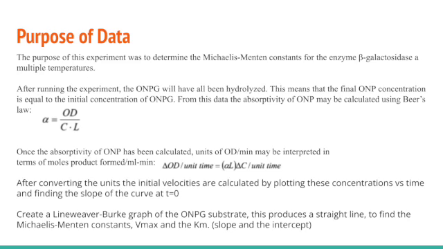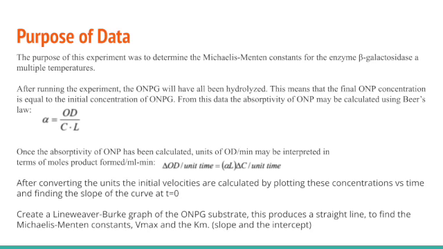And now moving on to our purpose of the data. The purpose of this is really to determine the Michaelis-Menten constants for the enzyme beta-galactosidase at multiple temperatures. And after running it, you should realize that all the ONPG has been hydrolyzed. And this basically just means that the final ONP concentration should be equal to the initial concentration of that ONPG.